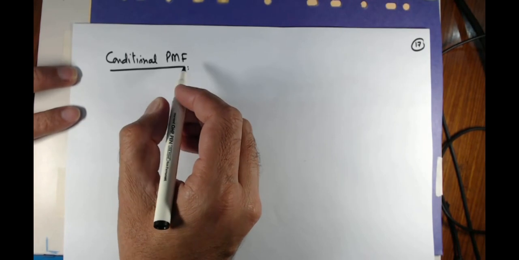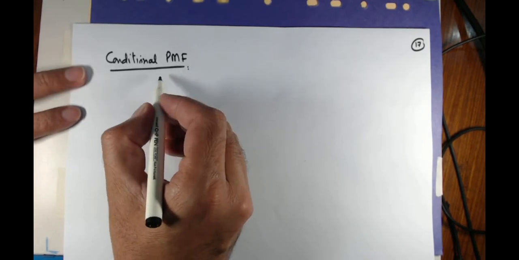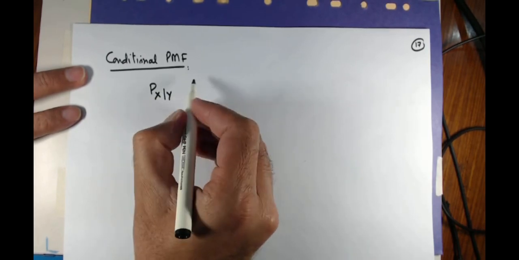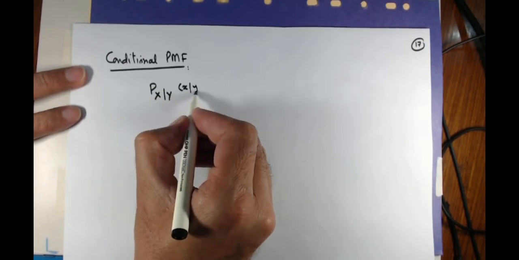Conditional PMF would here mean probability P sub x given y of x given y.